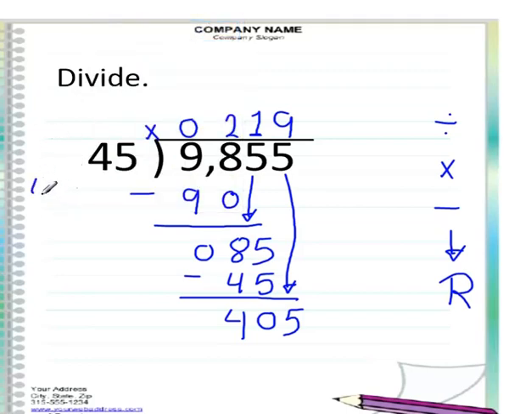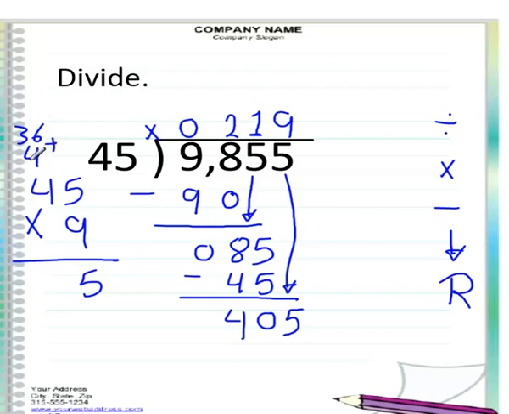So again, 45 times 9. 9 times 5 equals 45. 9 times 4 equals 36 plus 4 equals 40.